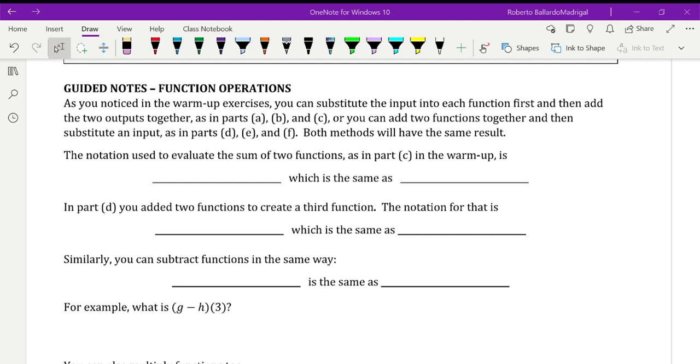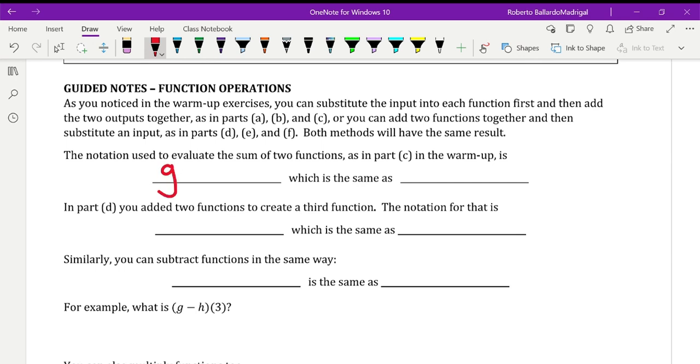Let me type it out so it looks better. Where's my mouse? There it is. Hold on, where's my pen? Here it is. G plus H of 3.